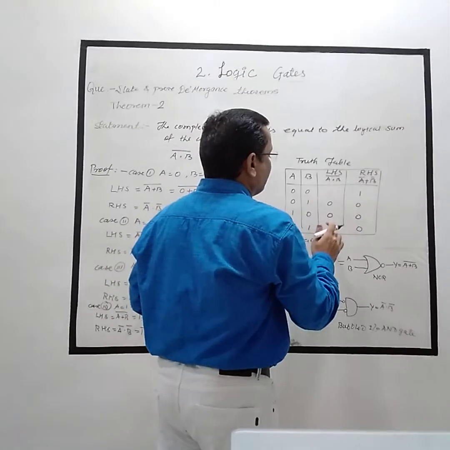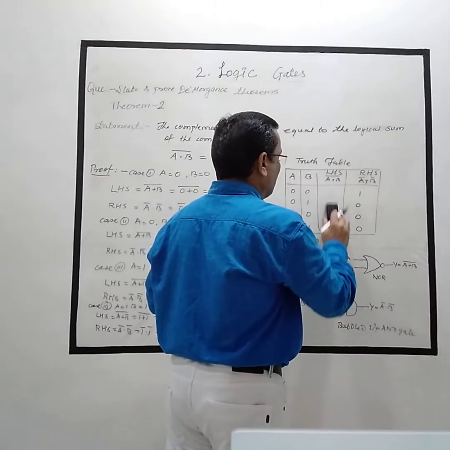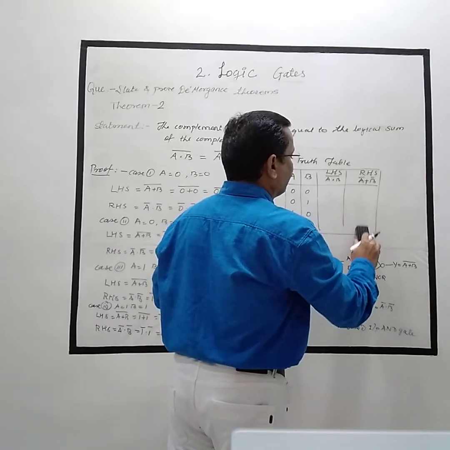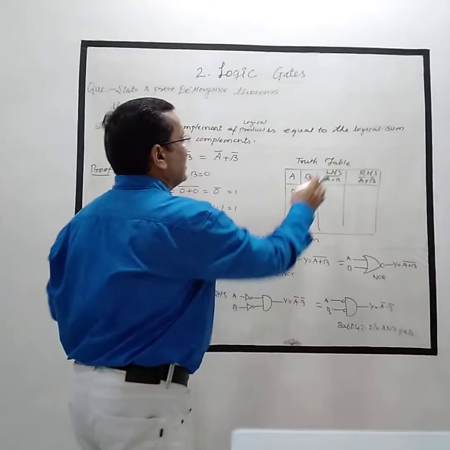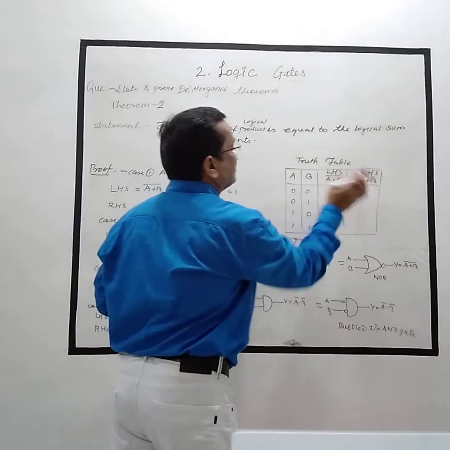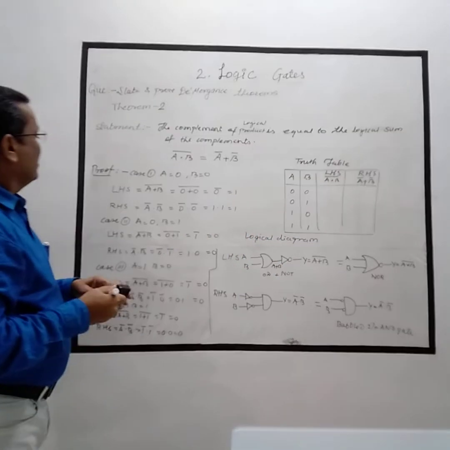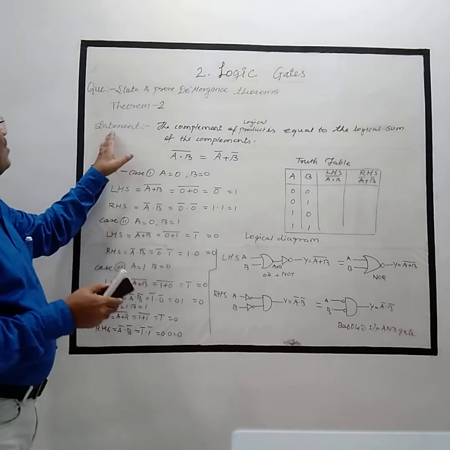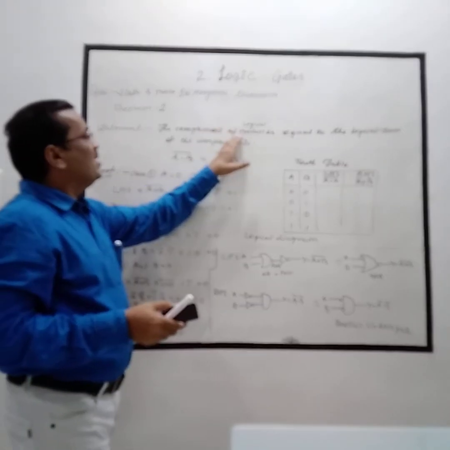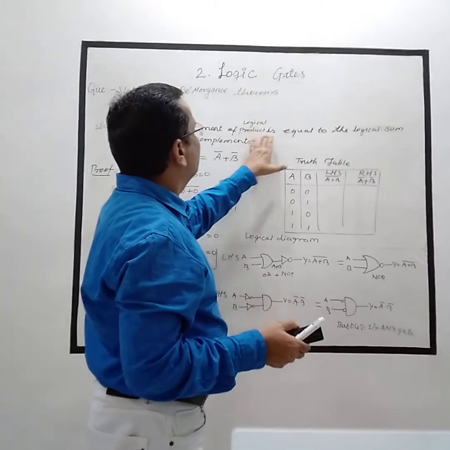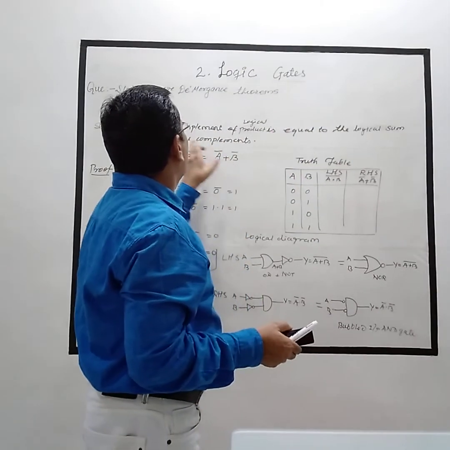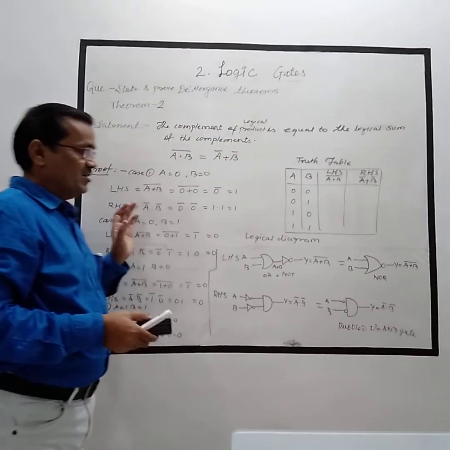Here we have to write the different output conditions. What we are getting, that time we will write here. So it is LHS and here it is RHS. In the proof, the statement will be: the complement of the logical product is equal to the logical sum of the complements.